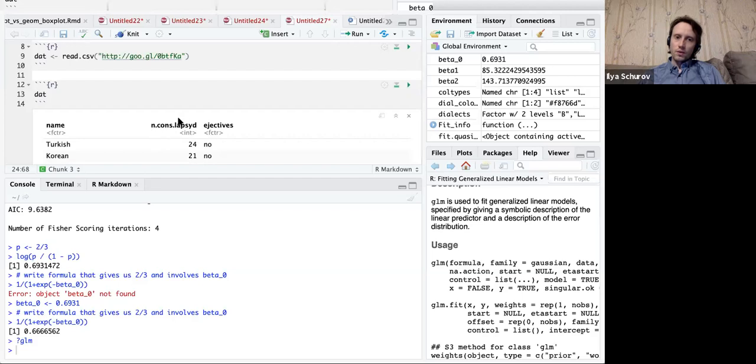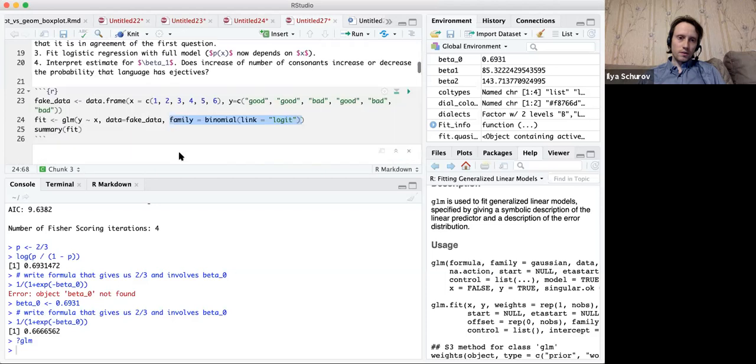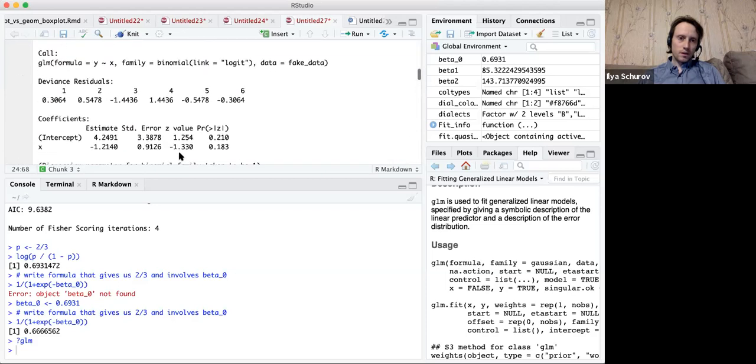So we get it in the estimate column, like here, x, and here this is the estimate for the coefficient for x. So this is our beta 1.